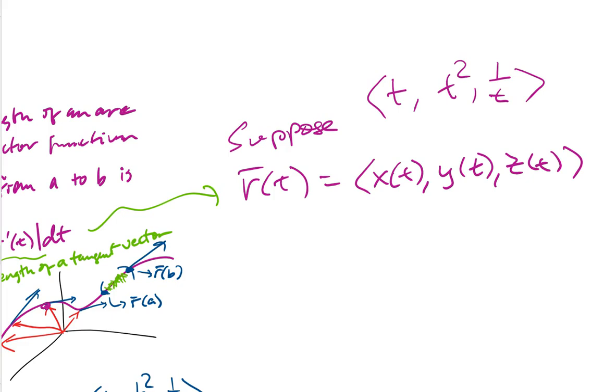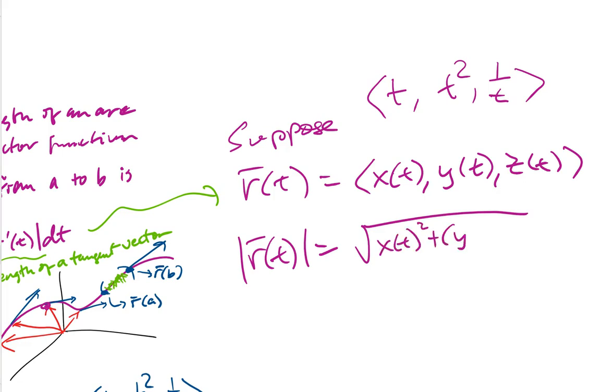If r of t is this, then the length of r of t is going to be the square root of all of those quantities squared. So the length of r of t is x of t squared plus y of t squared plus z of t squared.